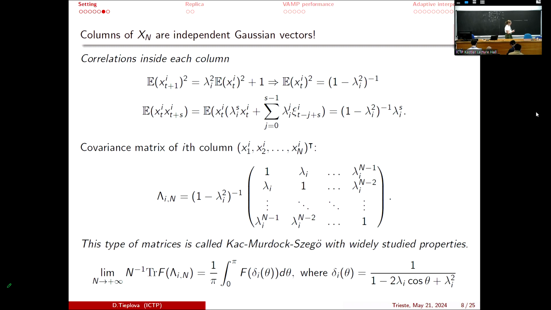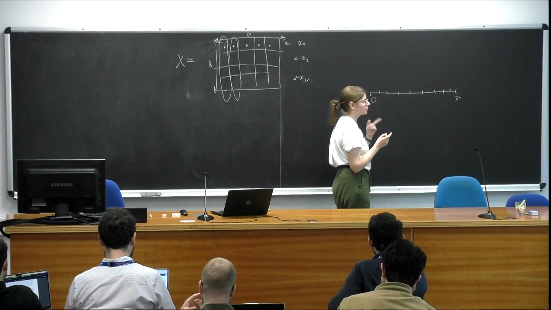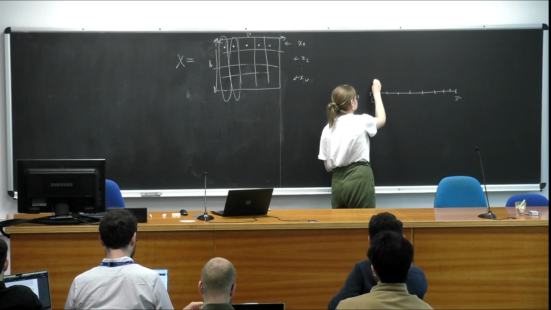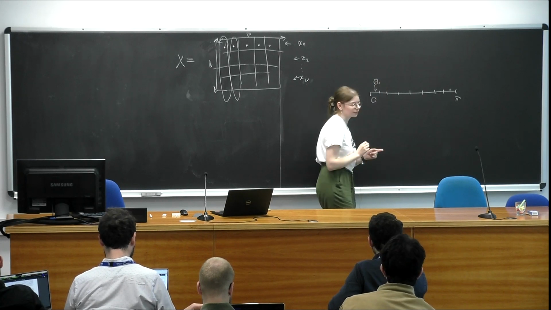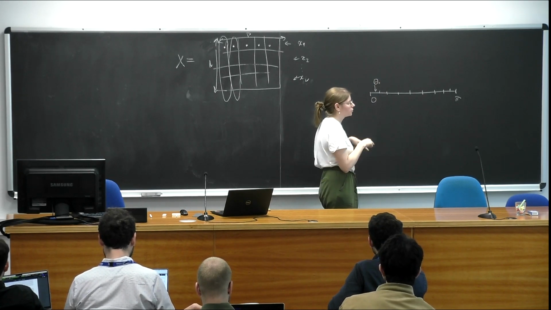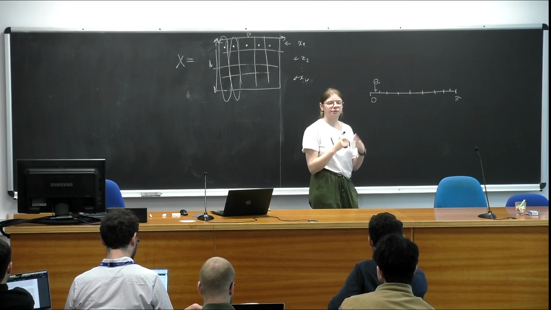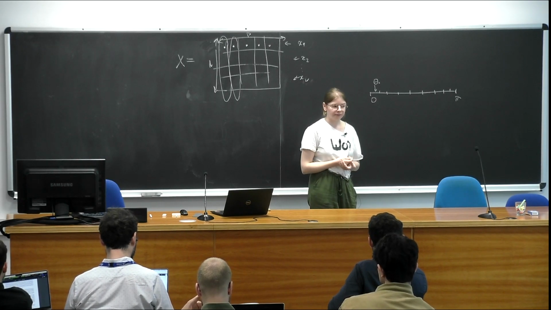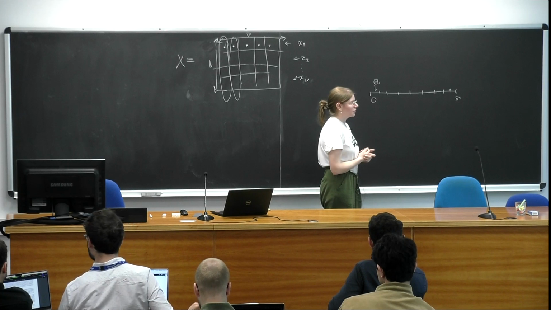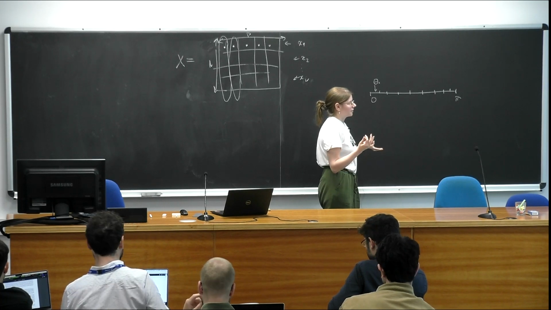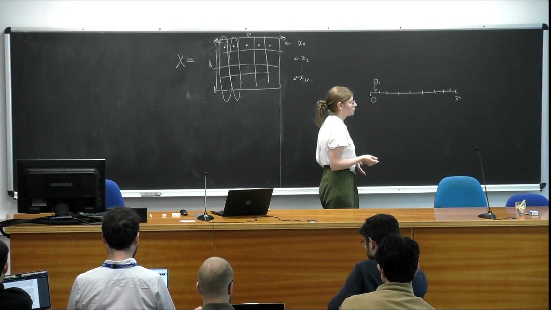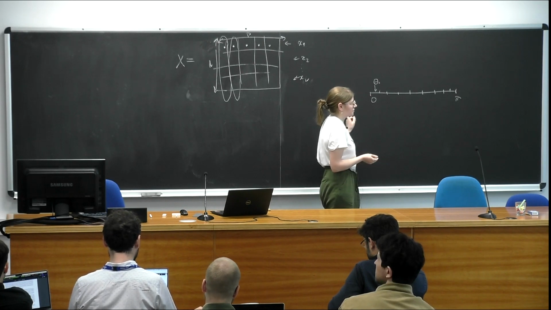To find the eigenvalues, you take the interval from 0 to pi and divide it into n equal intervals. In each interval there is exactly one theta_i that, if you put it inside this generating function, will give you the eigenvalue.